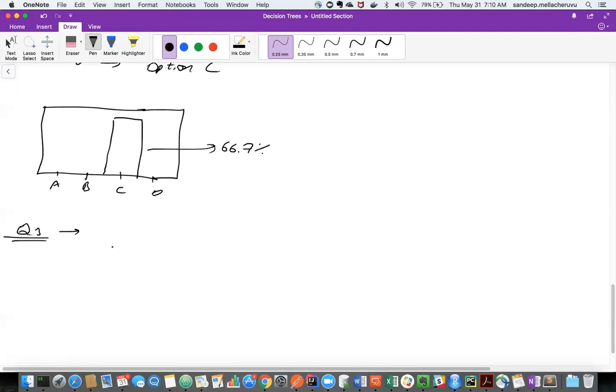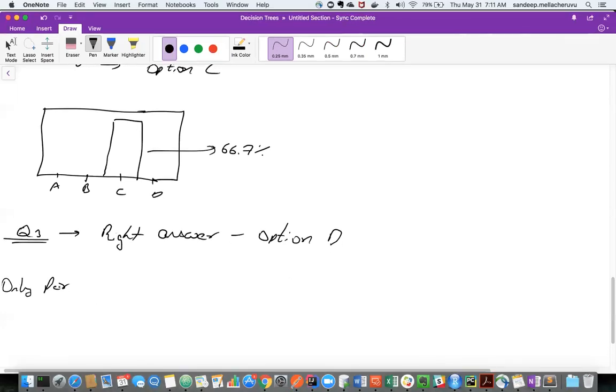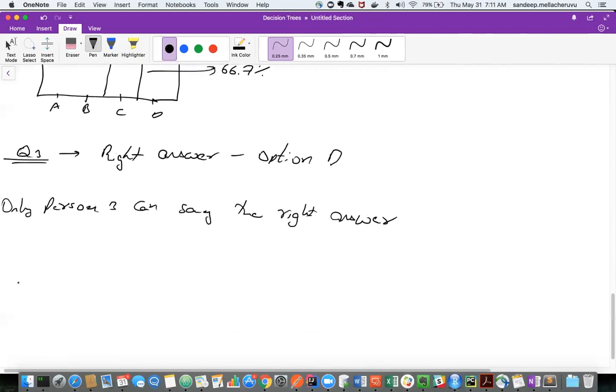Let's say again the right answer is option D. Only person 3 can say the right answer.